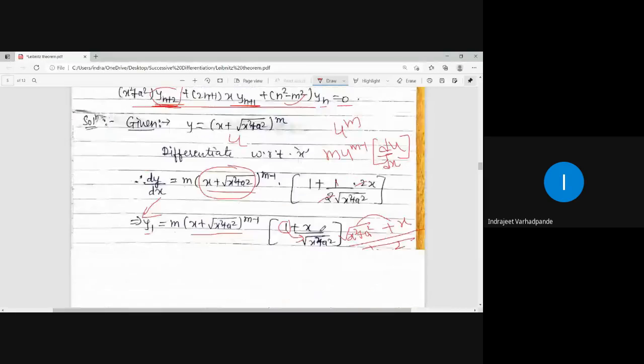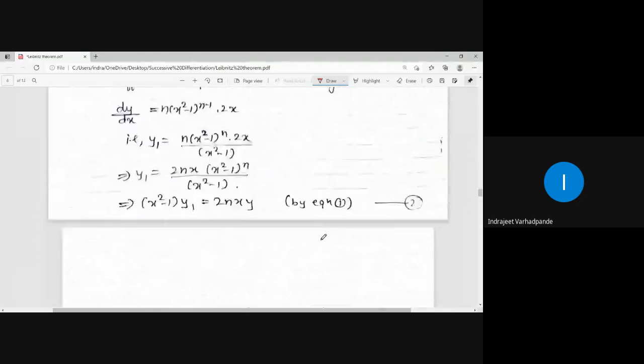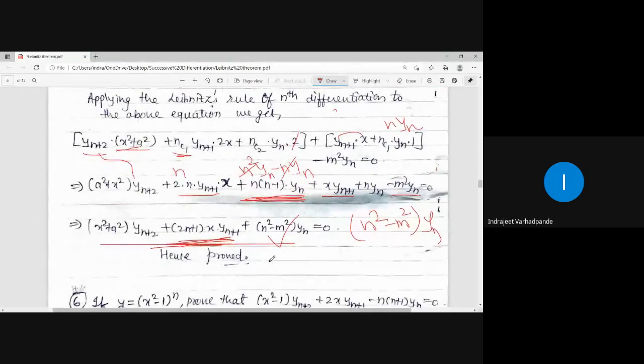So whatever we have got is correct. If there is a change, you can take minus common and write this as m square minus n square into yn also. If the expected result contains m square first and then n square, then you can take minus common and simplify. Clear? Yes, sir. So those are the changes mathematically that you can make in the given exam solution or expected answer.